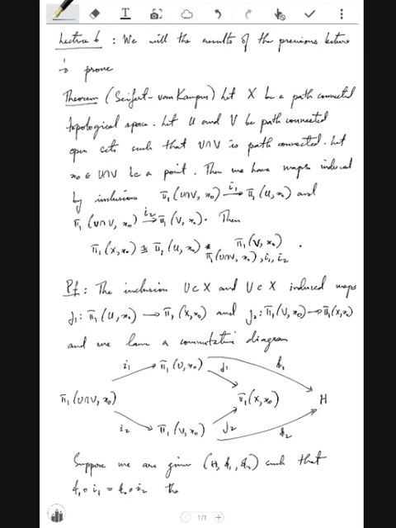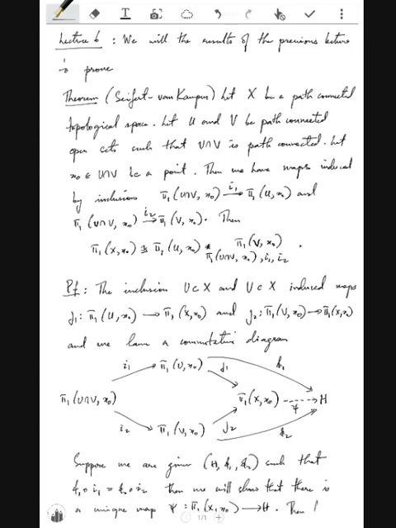Then we will show that there is a unique map psi from pi 1 of X, X naught to H, which makes the diagram commute.